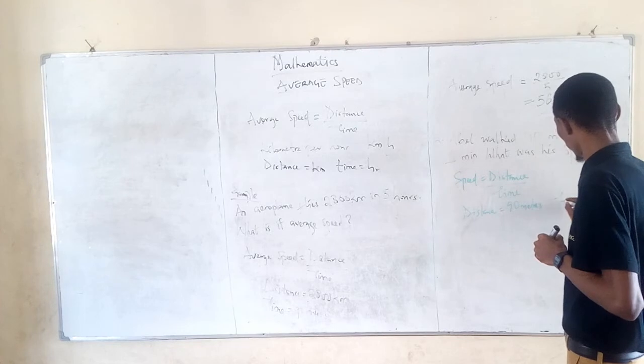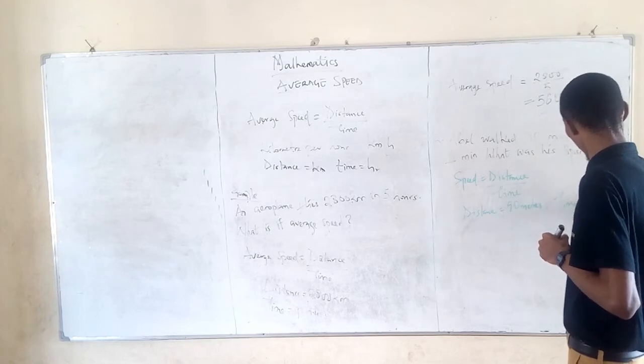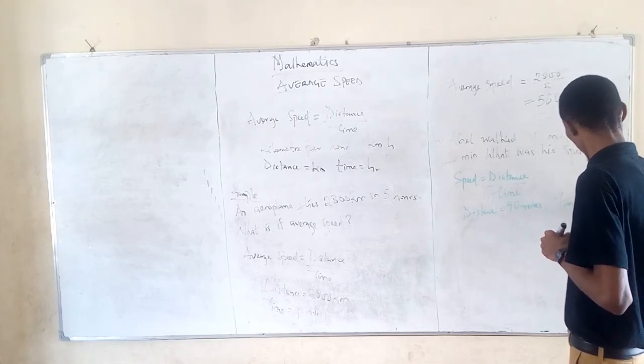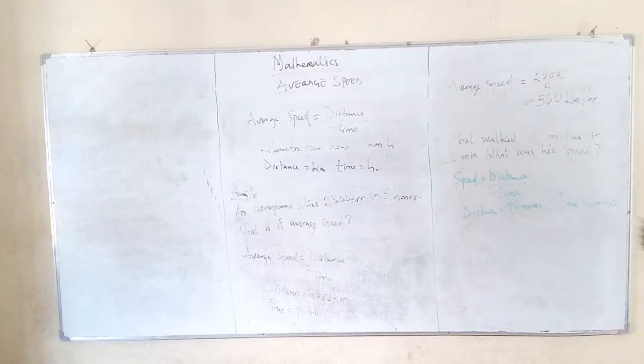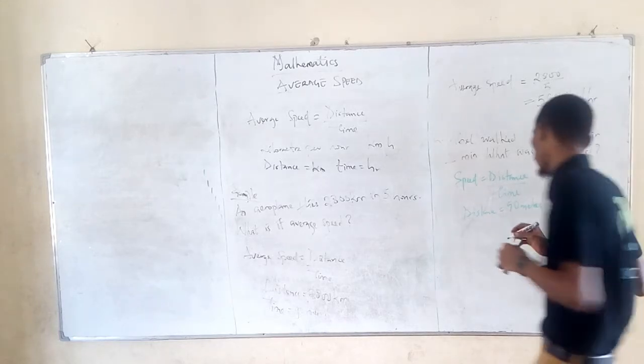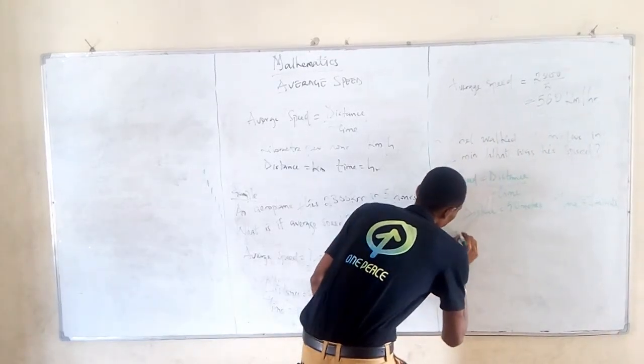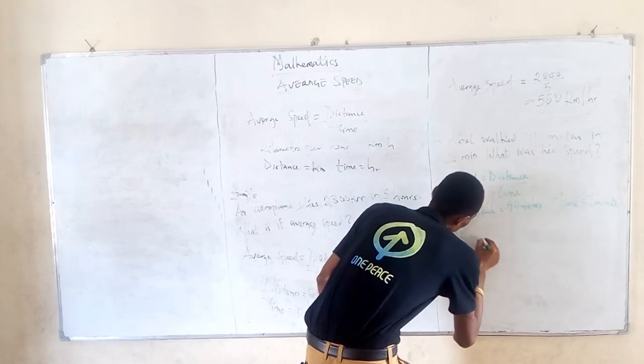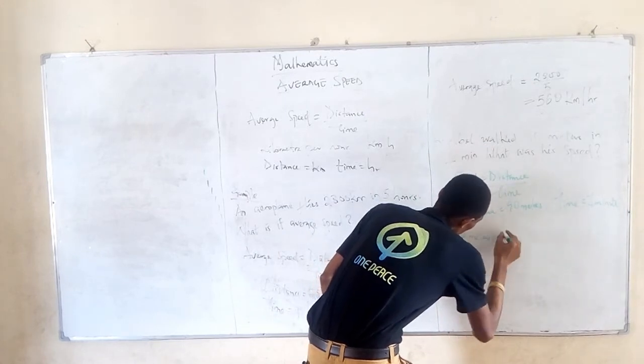And our time is what? 1 minute. Okay? So now if you look closely, you'll be able to see that the distance traveled is in meters and the time is in minutes. So we need to convert them to kilometers and to hours. So let's try and do that real quick. 90 meters to kilometers.